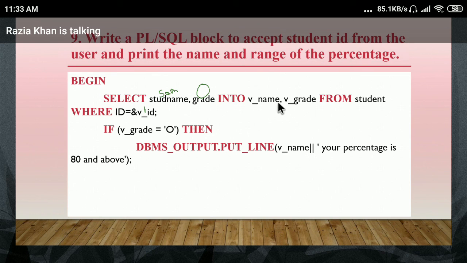Sam will be stored in the name variable and O is stored in the grade.